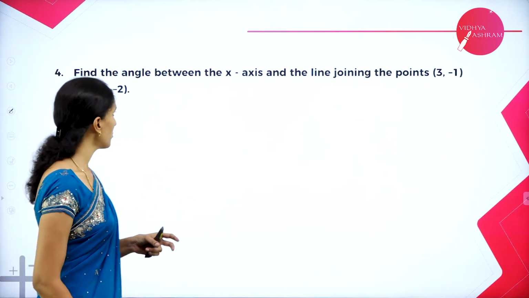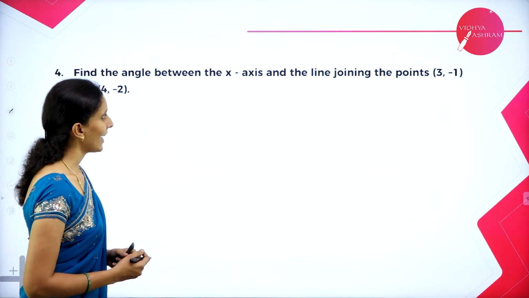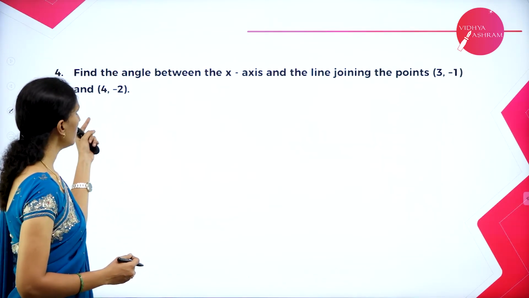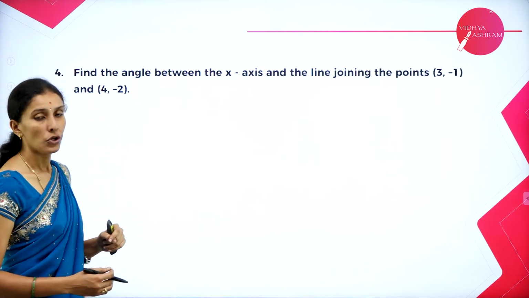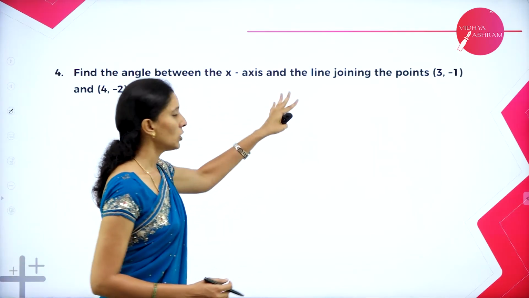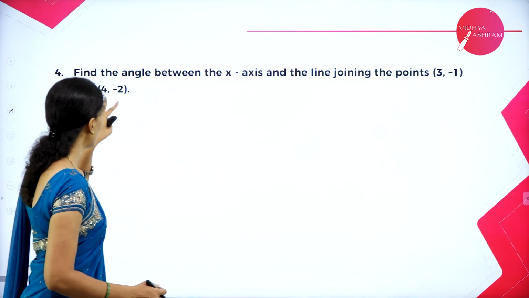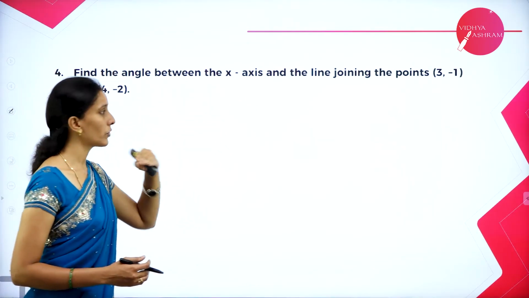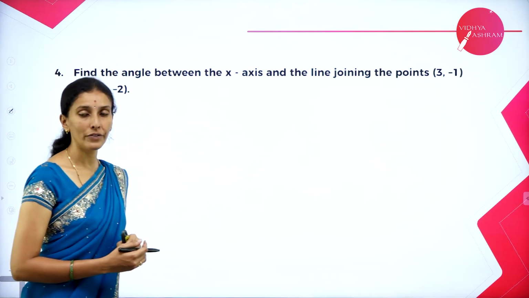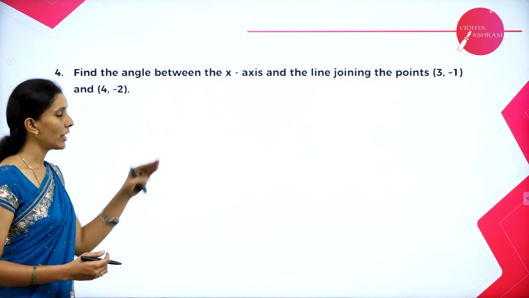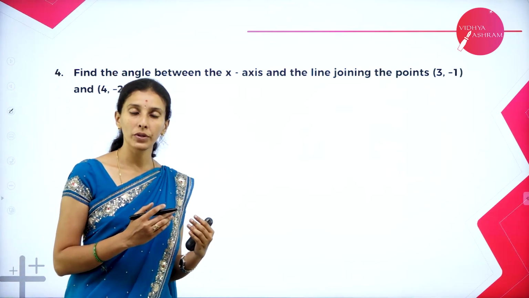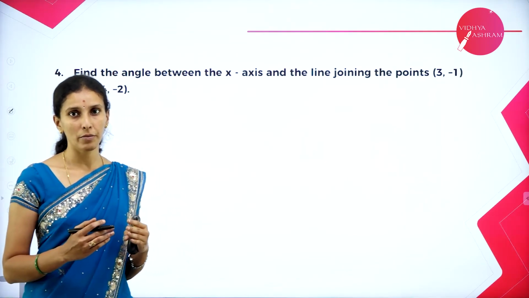Next, I have a question. Find the angle between the x-axis and the line joining the points (3, minus 1) and (4, minus 2). Here, I don't know the slope, but they have given that it is passing through two points, and we also have to calculate the angle of the line with the x-axis. We know the two formulas, that is m is equal to tan theta and m is equal to (y2 minus y1) by (x2 minus x1).